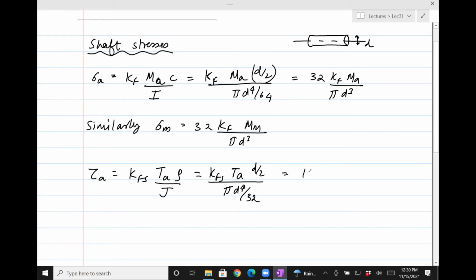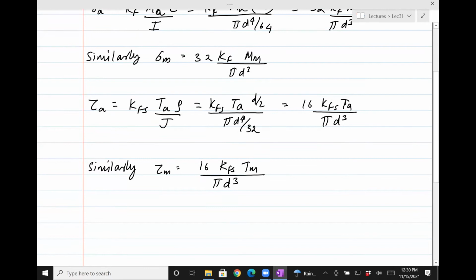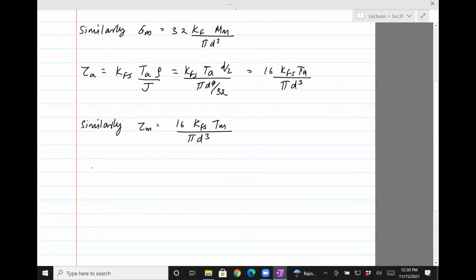Simplifying gives 16 Kfs Ta divided by pi d cubed. I can write the same formula for Tm, the mean torque: tau m equals 16 Kfs Tm divided by pi d cubed.